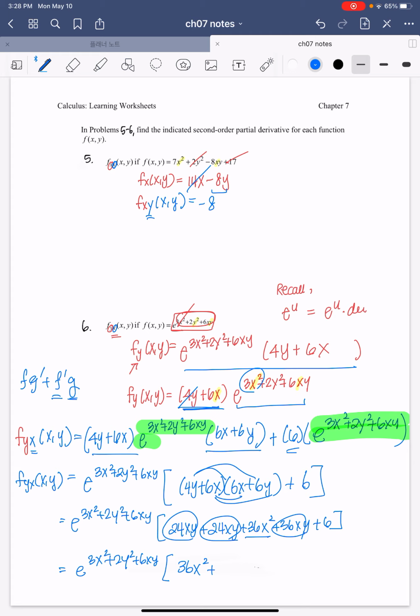So that's going to be 24 plus 24 plus 36, I get 84xy plus 6. That will be my final answer here.